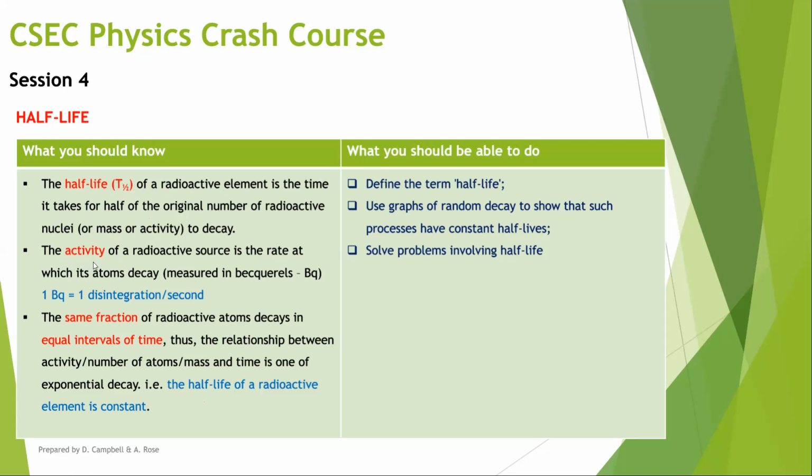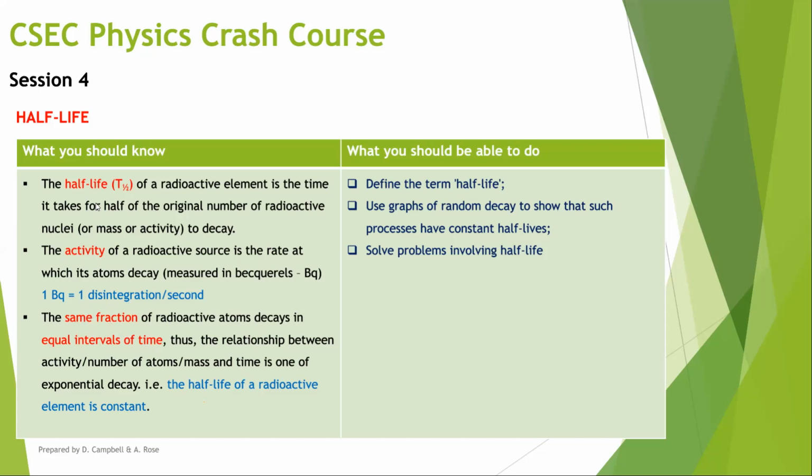Now, the activity is the rate at which the atoms are decaying or disintegrating. This is measured in becquerels. I mentioned Henri Becquerel before. 1 becquerel is 1 disintegration per second. Now the same fraction of radioactive atoms decays in equal intervals of time.